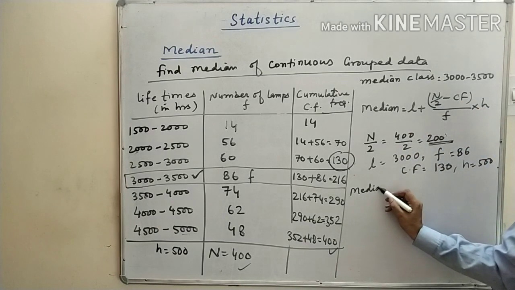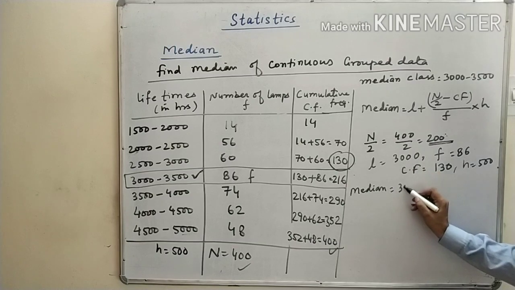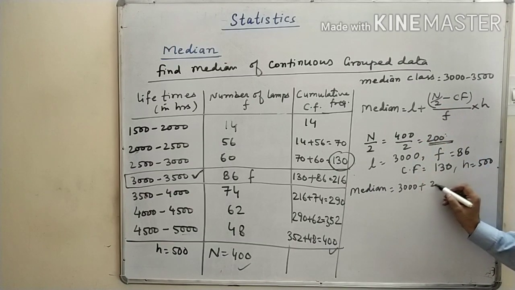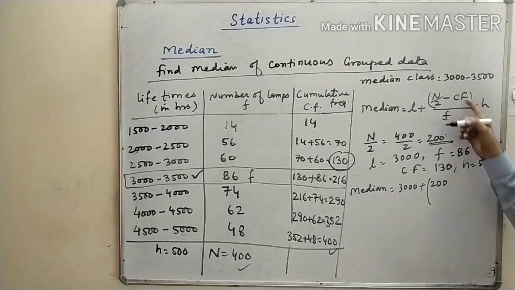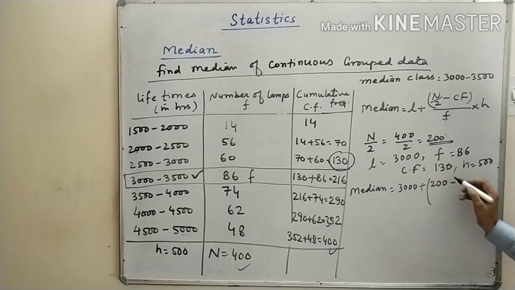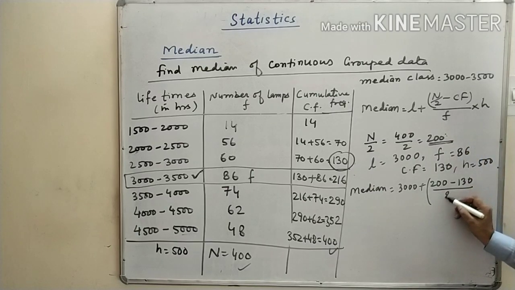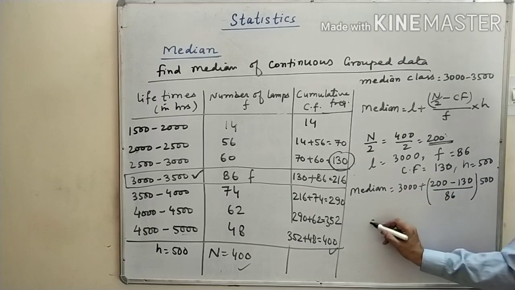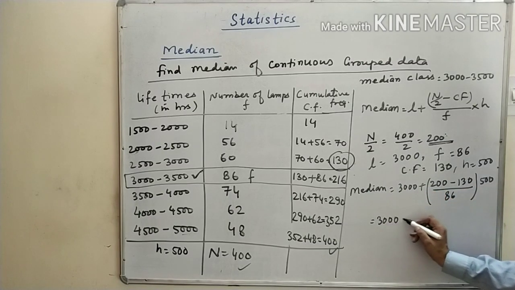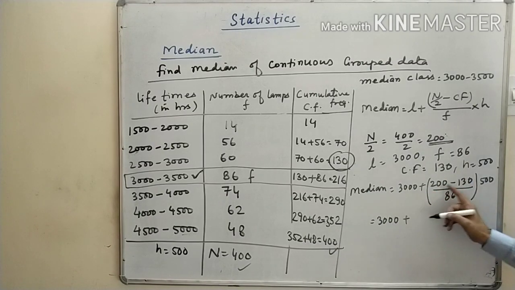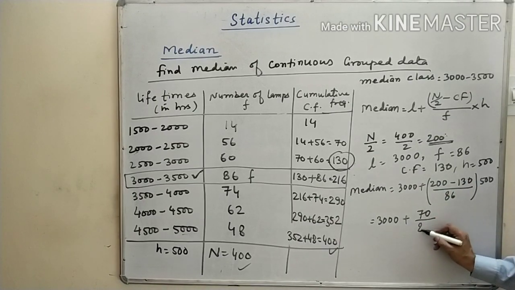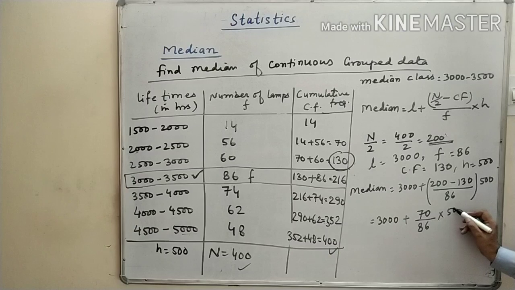So median: L is 3000, plus n by 2, which we already calculated as 200, minus CF 130, upon f, here 86, into h, 500. 3000 you keep as it is. First you subtract 200 minus 130, you get 70, upon 86 into 500.